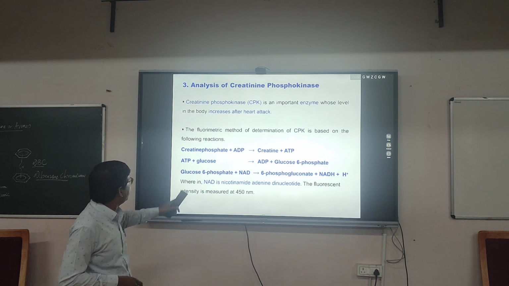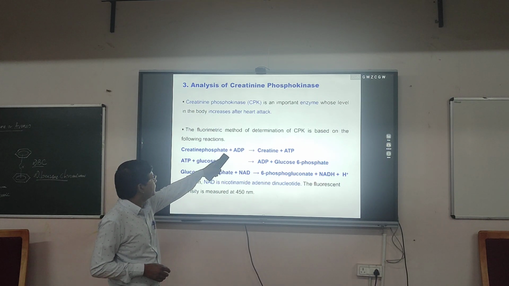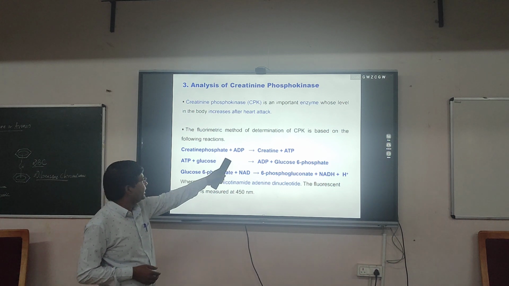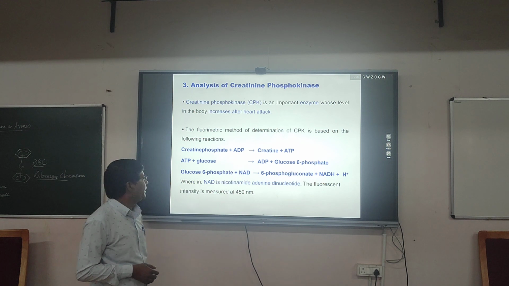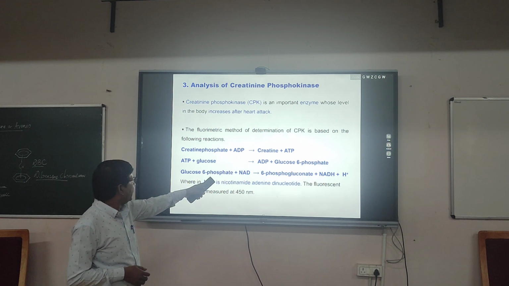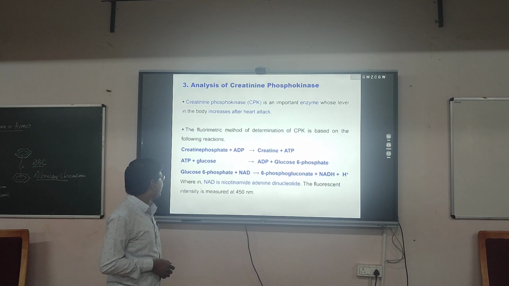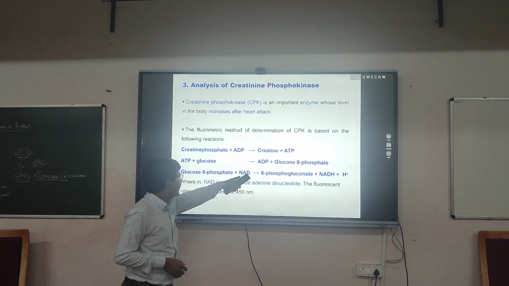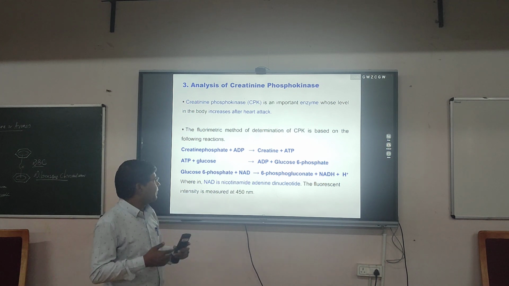Generally, if creatine phosphate is present in a clinical sample, in the presence of ADP it will give creatine and ATP. Then ATP and glucose react to give ADP and glucose 6-phosphate. Then again, this glucose 6-phosphate reacts with NAD, and it will give fluorescence light.